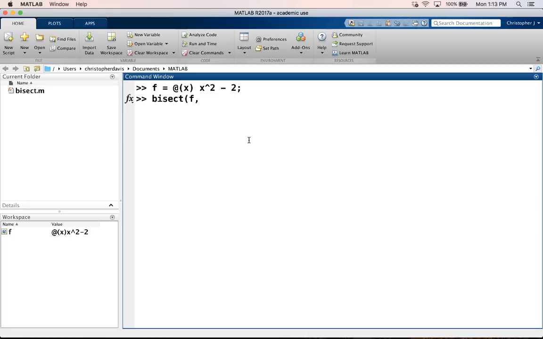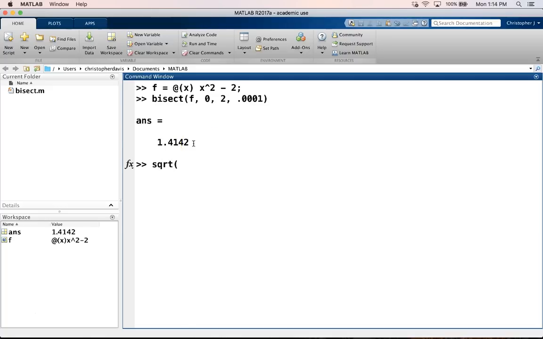I want some input where the output is negative, so 0 is good for that. If I input it, I get negative 2. Then I want some input where the output is positive. 2 is good for that. If I plug in 2, I get 2. And then I want some error threshold. Let's do 0.0001.